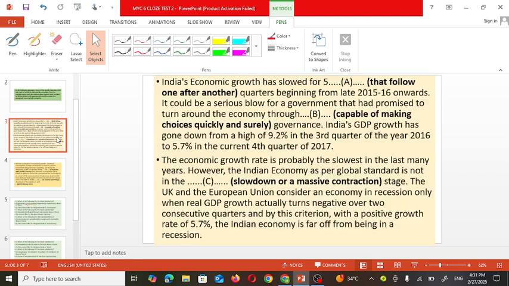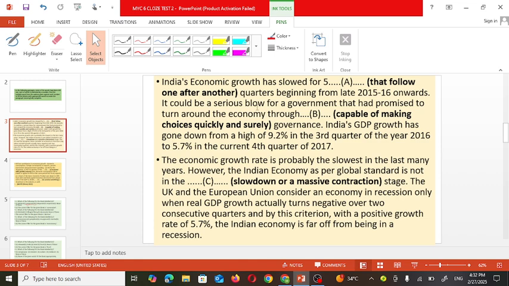Now see the second blank, means second sentence. The sentence will be: Indian economic growth has slowed for 5 consecutive quarters beginning from late 2015-16 onwards.